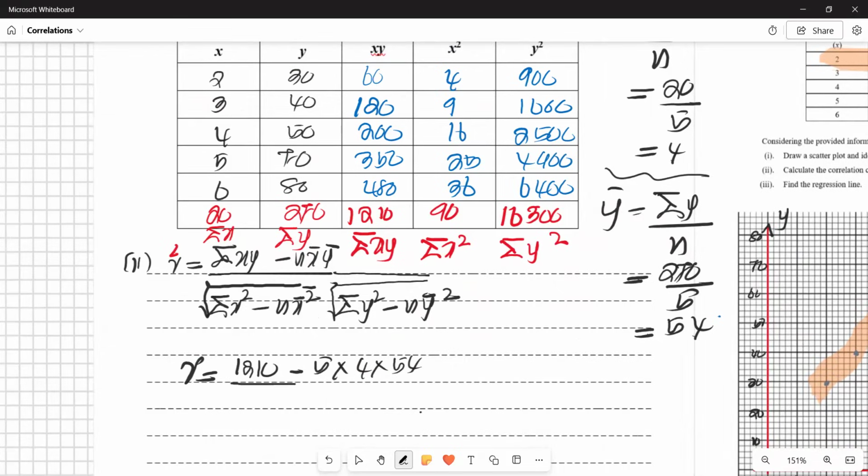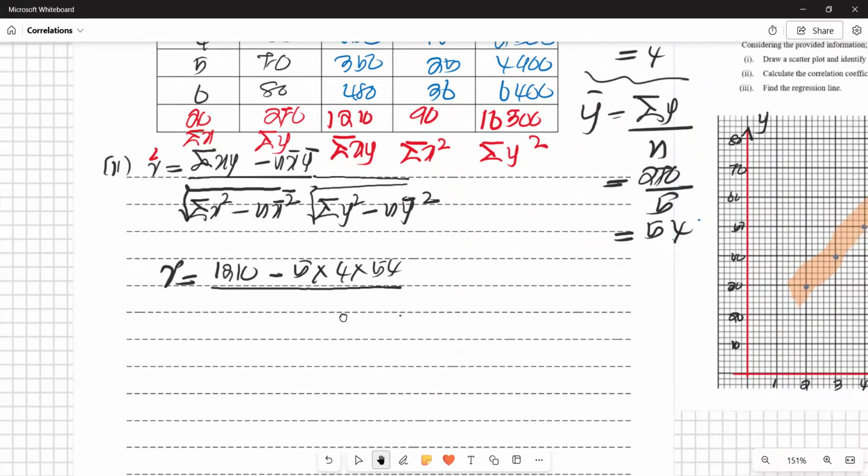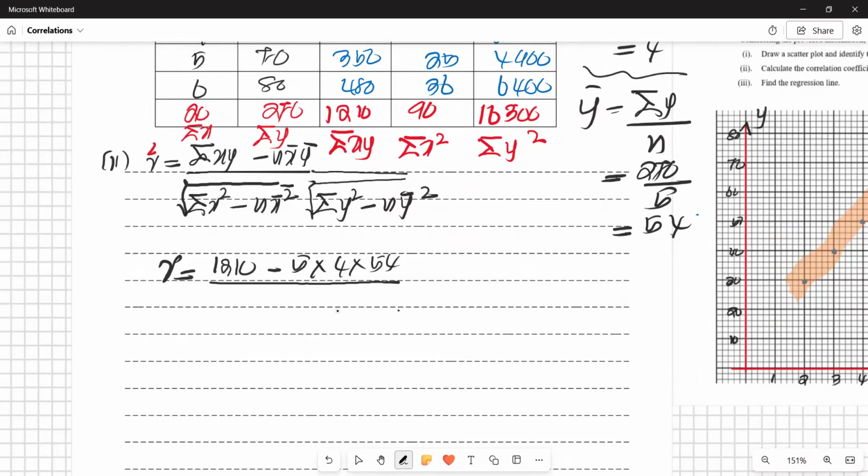My recommendation is do your calculation part by part. Right? First square root side: sigma x squared, that is 90, minus 5 times 4 to the power 2.